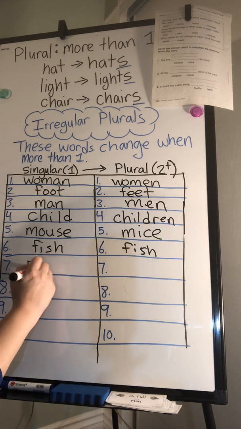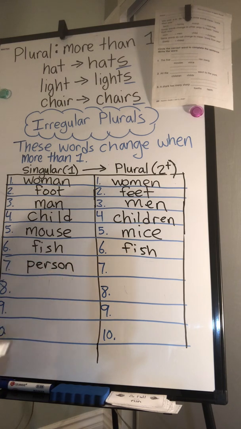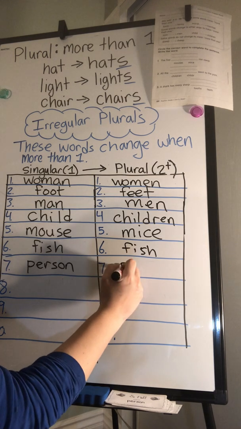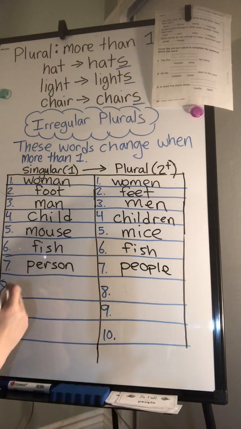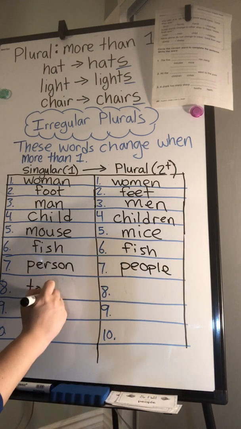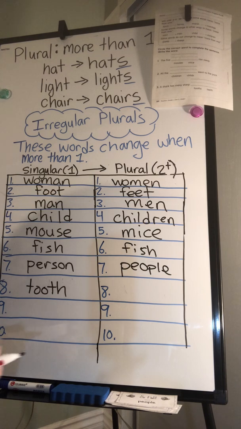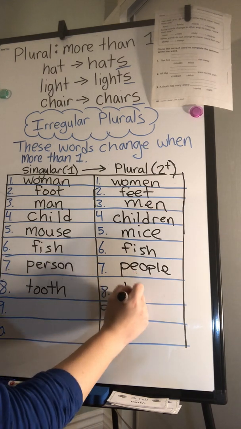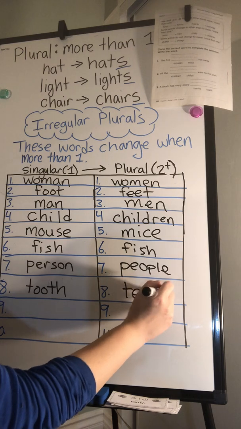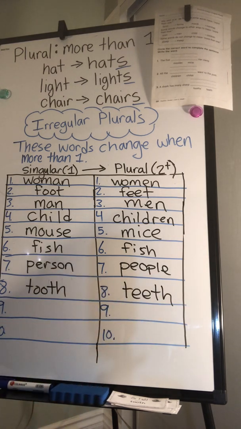One person. One person, two people. One tooth. Two tooths? No. One tooth, two teeth. If you said it right, give yourself a point.